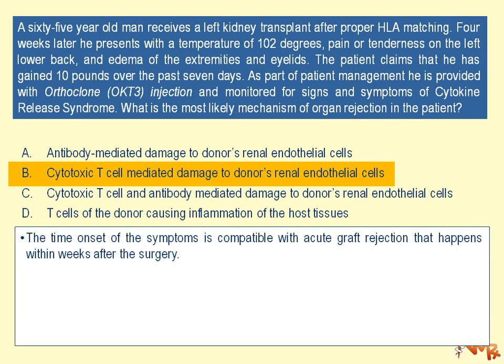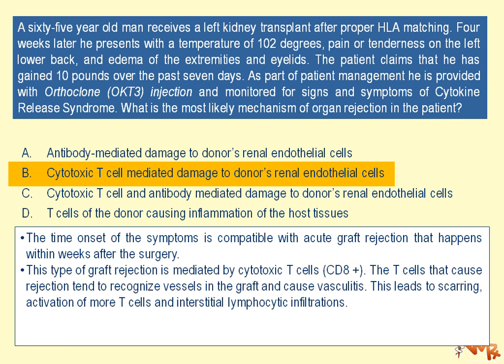The time onset of the symptoms is the one that points to cytotoxic T-cell mediated damage, and this is essentially compatible with acute graft rejection that happens often within weeks after the transplantation. This type of graft rejection is mediated by cytotoxic T cells, more specifically CD8 positive T cells.